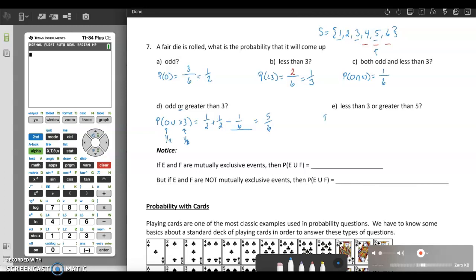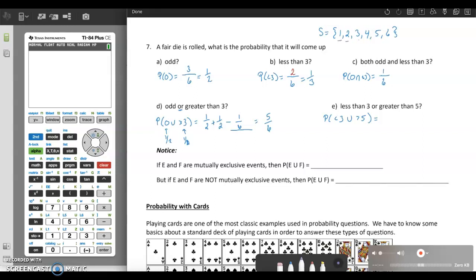What's the probability of rolling a number less than 3 or greater than 5? Okay, so I'm going to erase these lines here. If I roll some number less than 3, that could be 1 and 2.